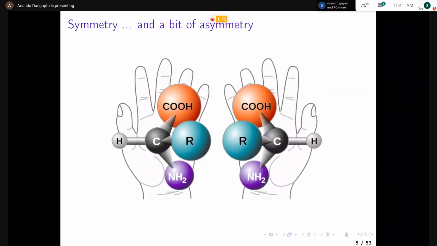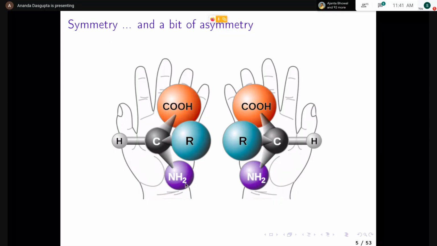Well, most people know about this. This is a situation where you have a molecule, say a carbon-based molecule, where the central carbon atom is connected to 4 different objects.